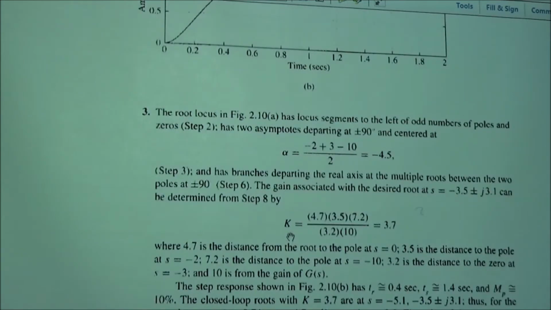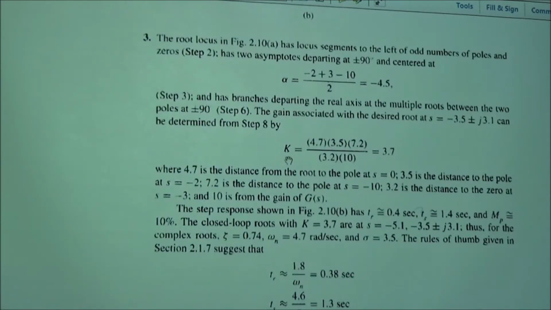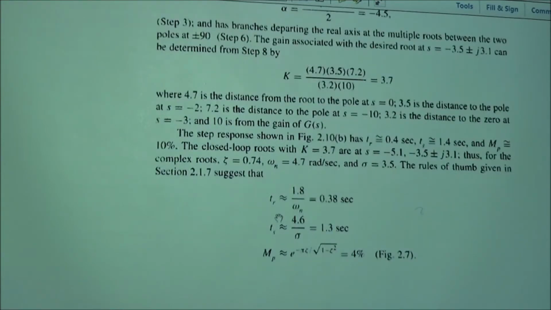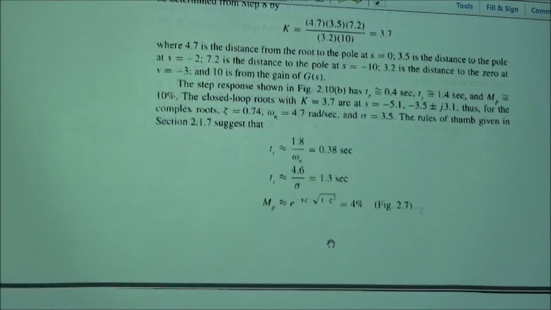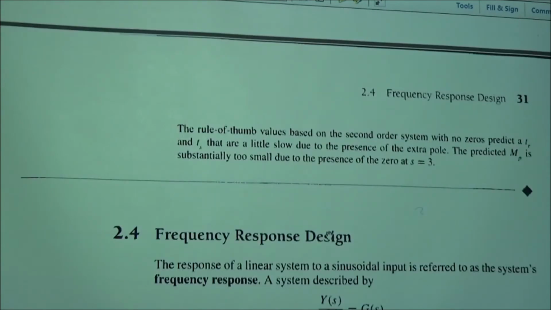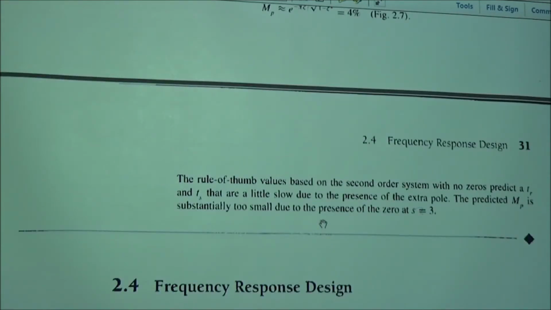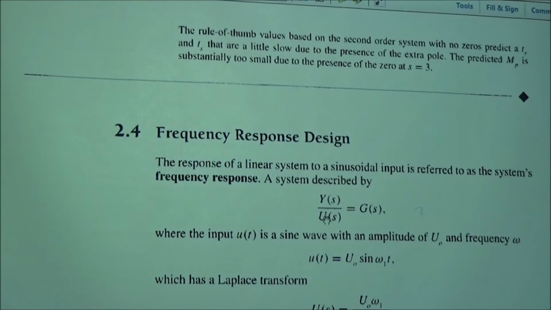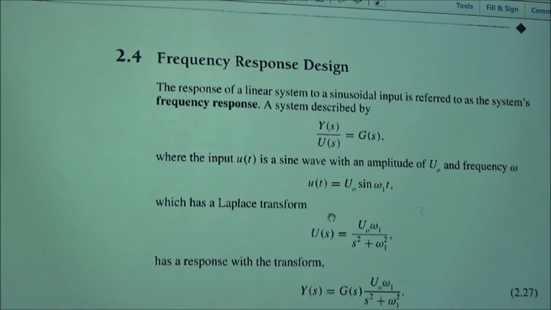There are other ways you can also compute zeta and omega n from the original equation. So you calculate peak time, rise time, settling time, maximum overshoot, all of those you can calculate, and it will give you a good understanding of that. Now you can do design using frequency response.